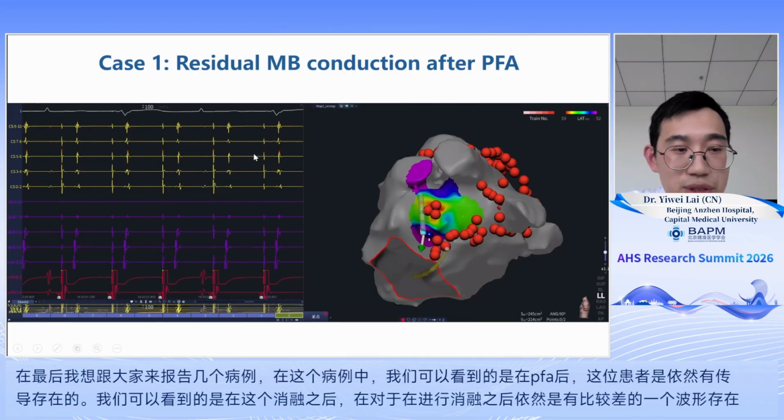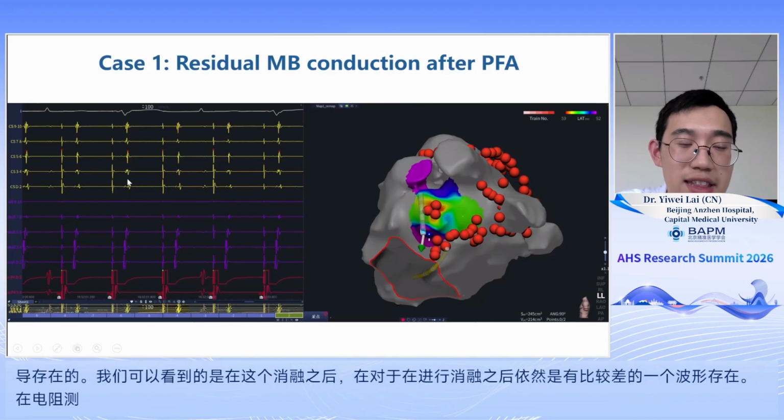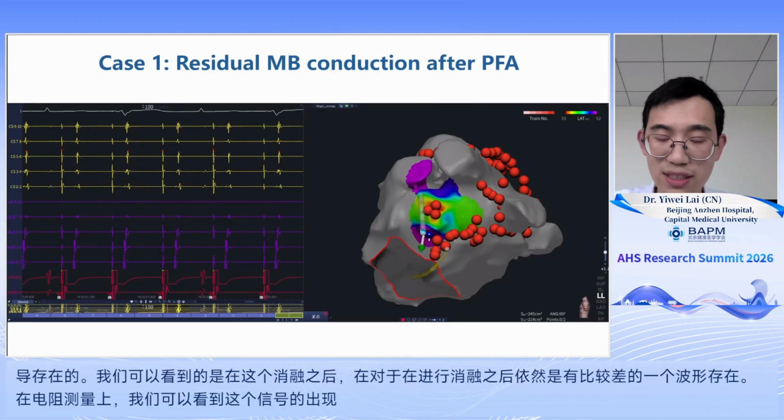There is approximately equal activation happening, but if we carefully look at the electrogram in the distal coronary sinus, there is a far field electrogram.